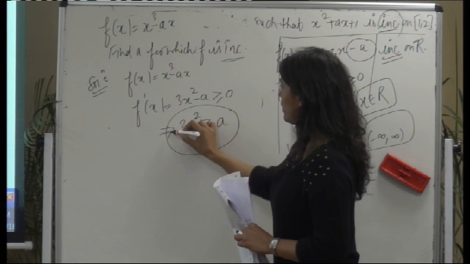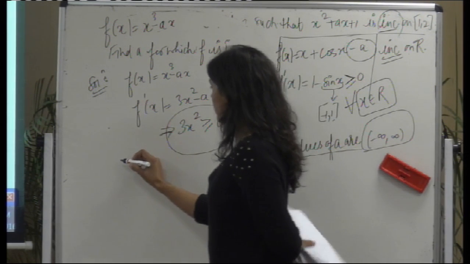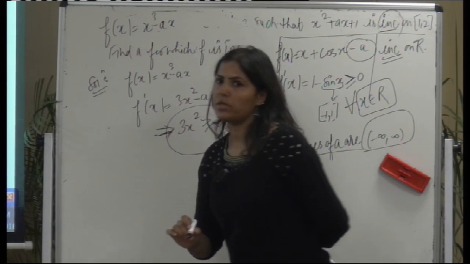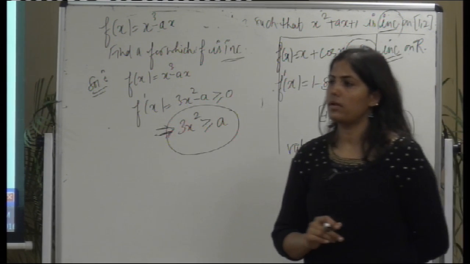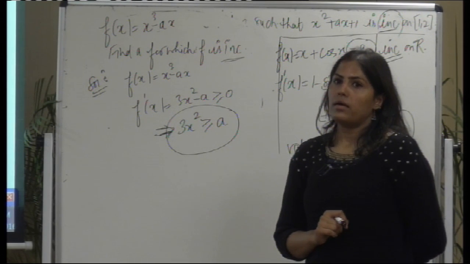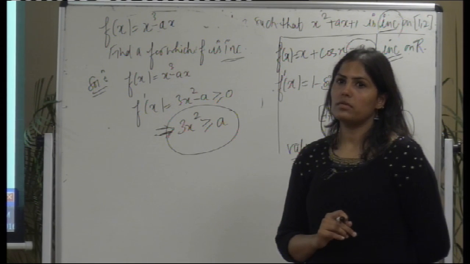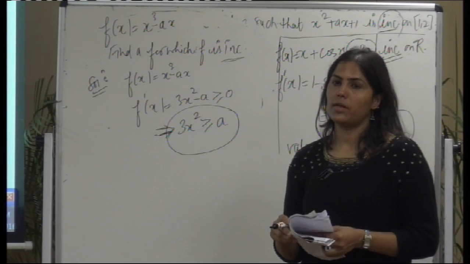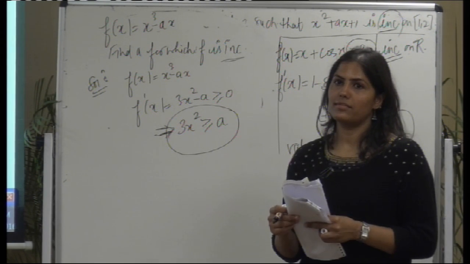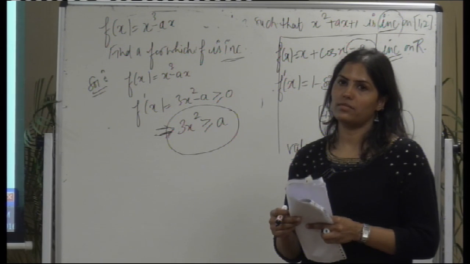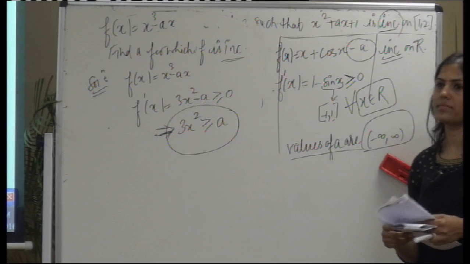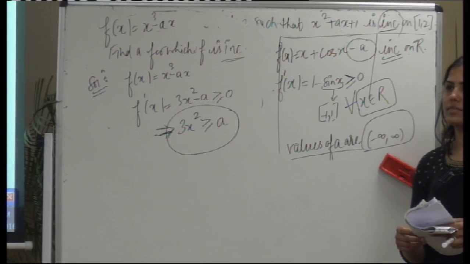So it should be 0 to infinity. Somebody is saying, what about others? Who is answering this? Okay. Just think about it a little bit. Somehow the answer is not correct. This is a simple one.